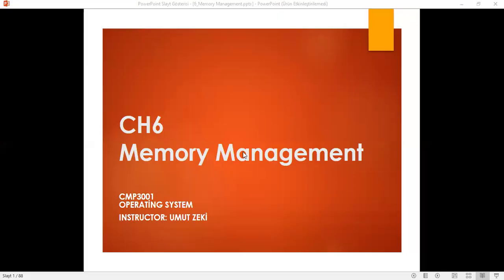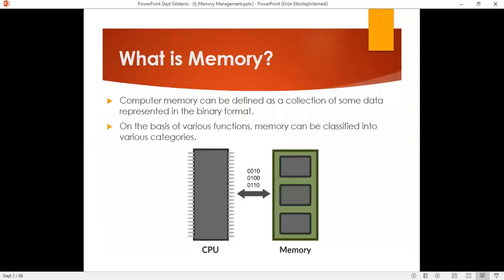Yes. First of all, let me just make a very fast review of what we did last time. So we started the memory management chapter last time, where memory is actually the generic name for all kinds of devices that you can store information in.